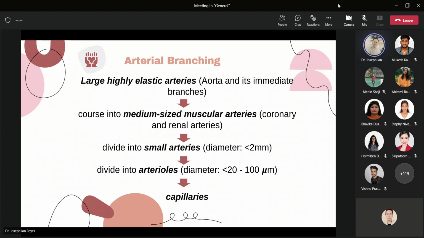Then the smallest would be your capillaries, usually 7 to 8 microns. Remember the sizes, maybe it will come out. Again, small arteries less than 2 millimeters, arterioles 20 to 100 microns, and capillaries 7 to 8 microns.